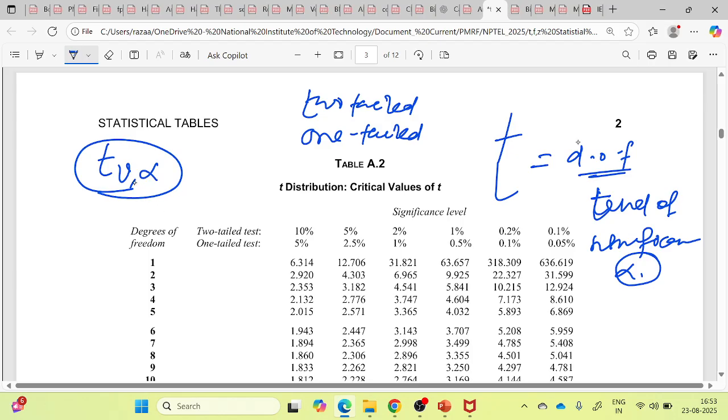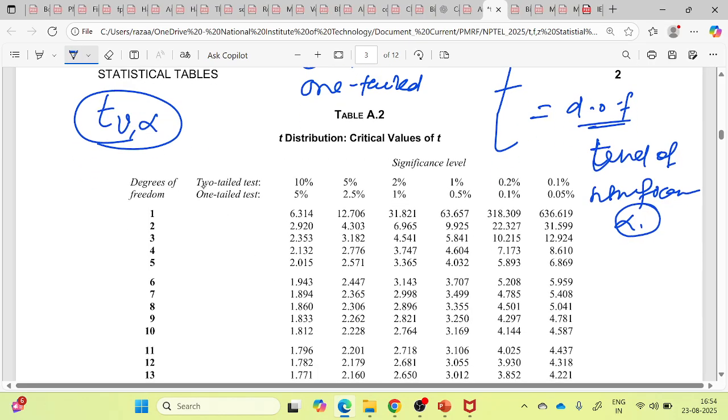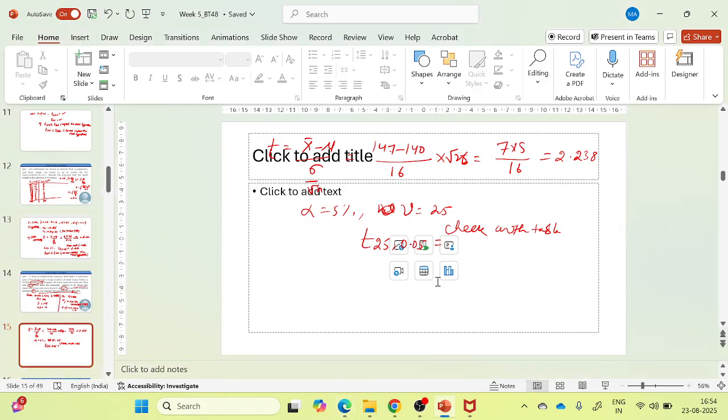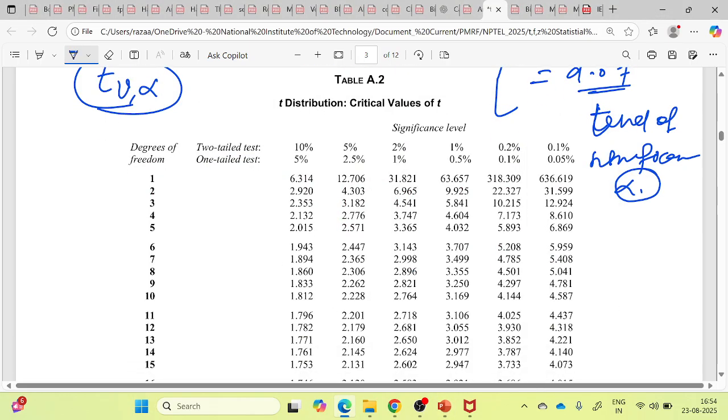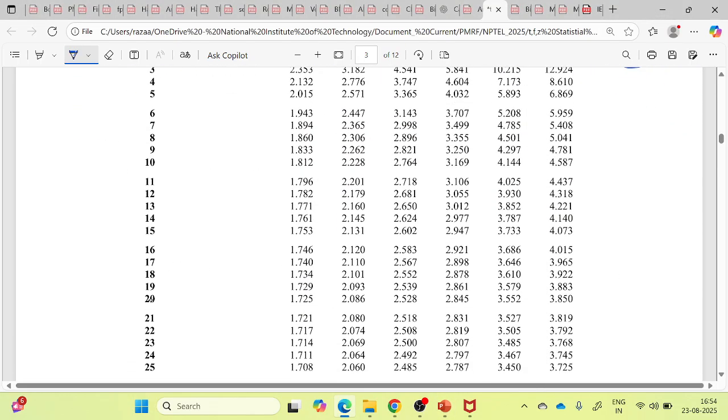Now we have to check what the degree of freedom was for our problem. We have the degree of freedom of 25, and alpha is equal to 5%, and then 1%. In that case, we have the 25 here.